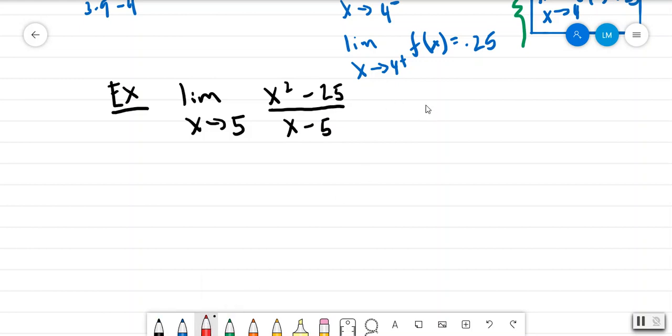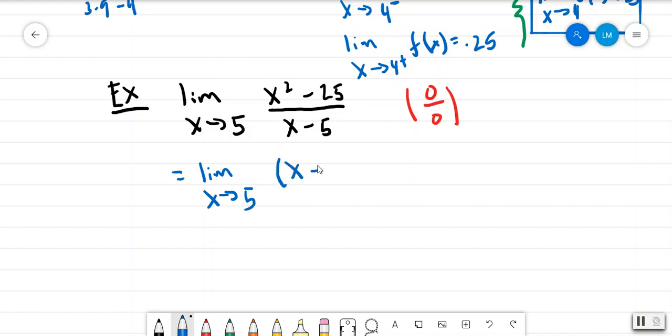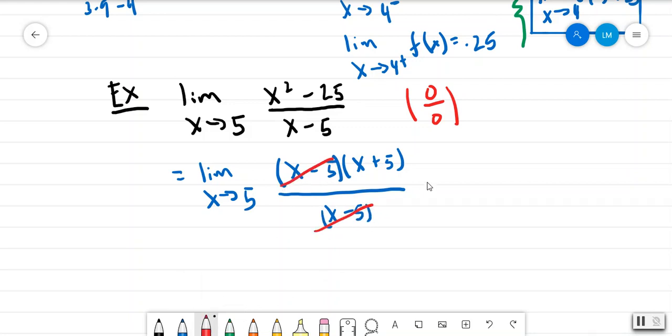Now, if I plug this in, I get 0 over 0, which means that we can rewrite this in the following manner. If we're trying to find the limit as x approaches 5, we just have to factor the top as x minus 5 and x plus 5. So that means we have x minus 5, and this cancels out.